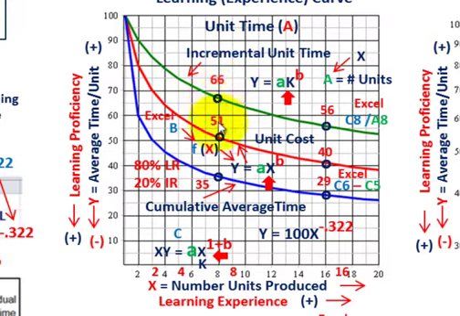And based on our unit cost, that was 51. 66 here, 51 here for our unit cost, and then our cumulative average unit cost was down to 35. And if you go back and look at an output of 16, for our incremental unit time we're sitting at 56, for that f of x function we're sitting at 40, and then we go down to 29.